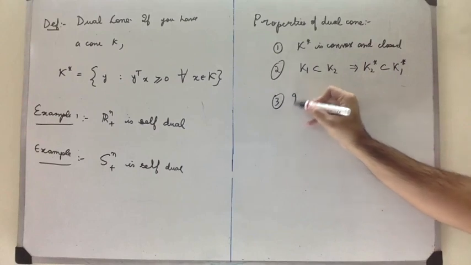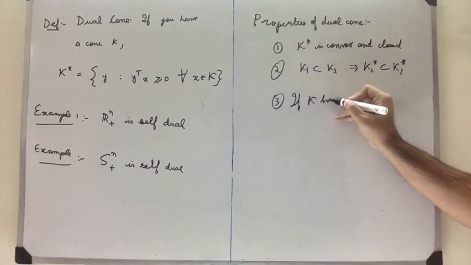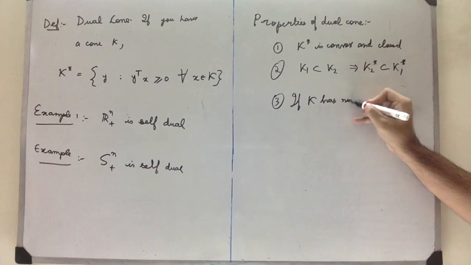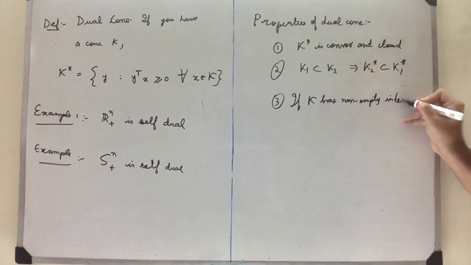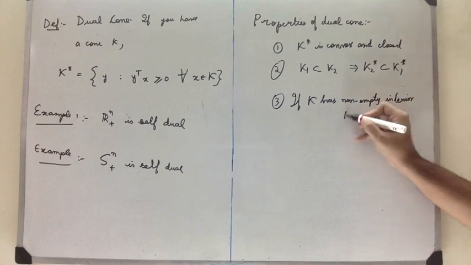If K has a non-empty interior, this implies K star is pointed.